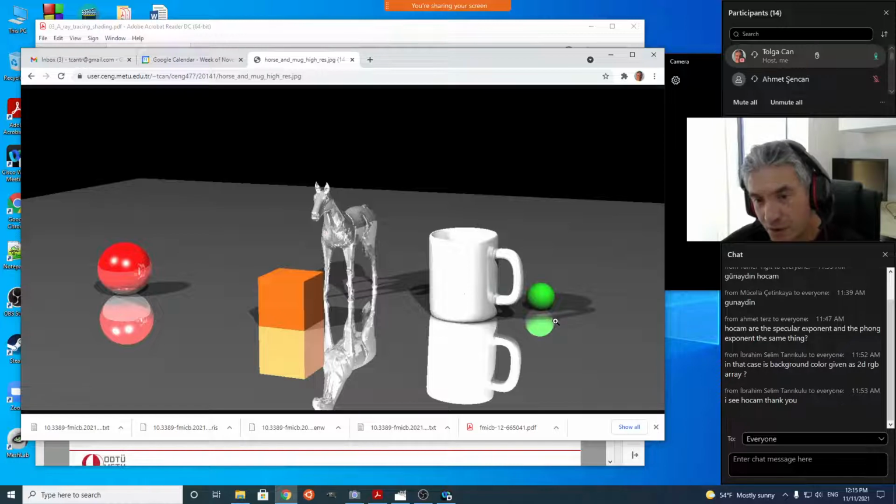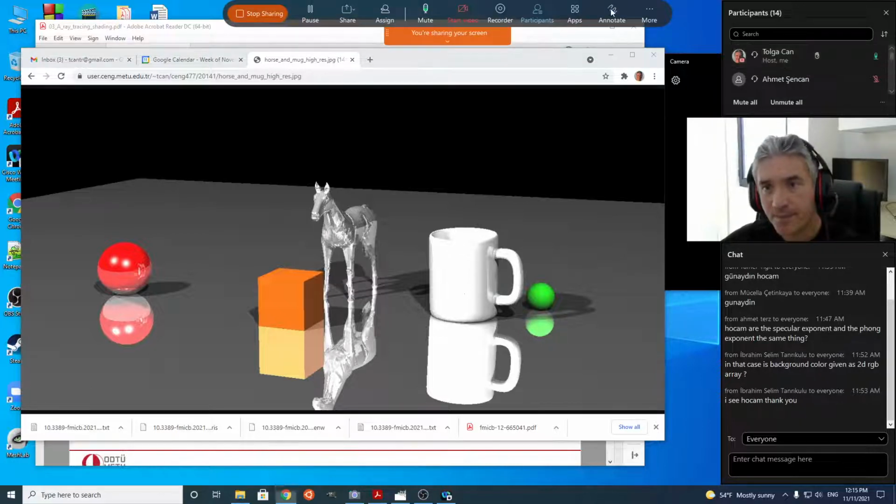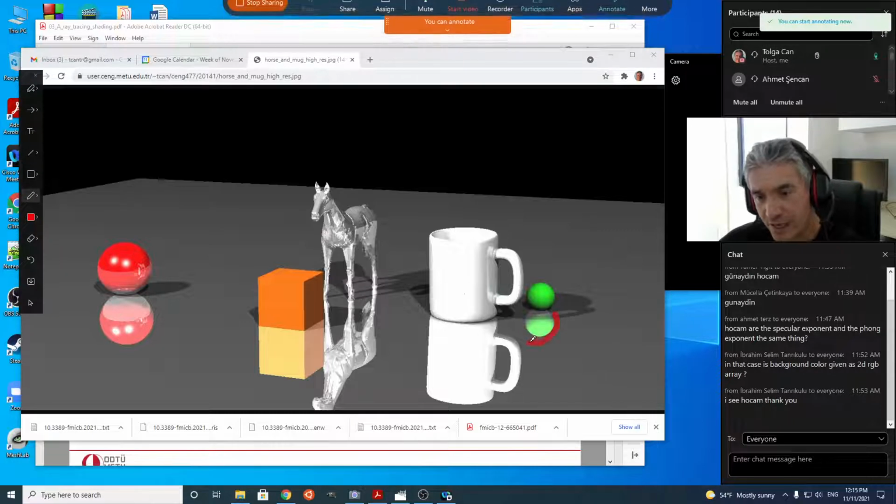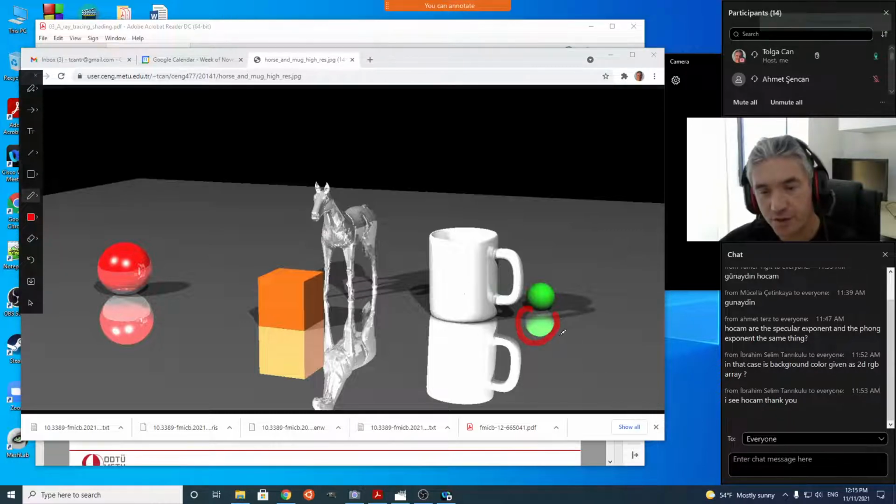For example, the boundary of this green reflection you see here is really sharp, right? But in specular reflections, those specular spots had some area, which if it was sharp like this, we would see the specular reflection as a point only.